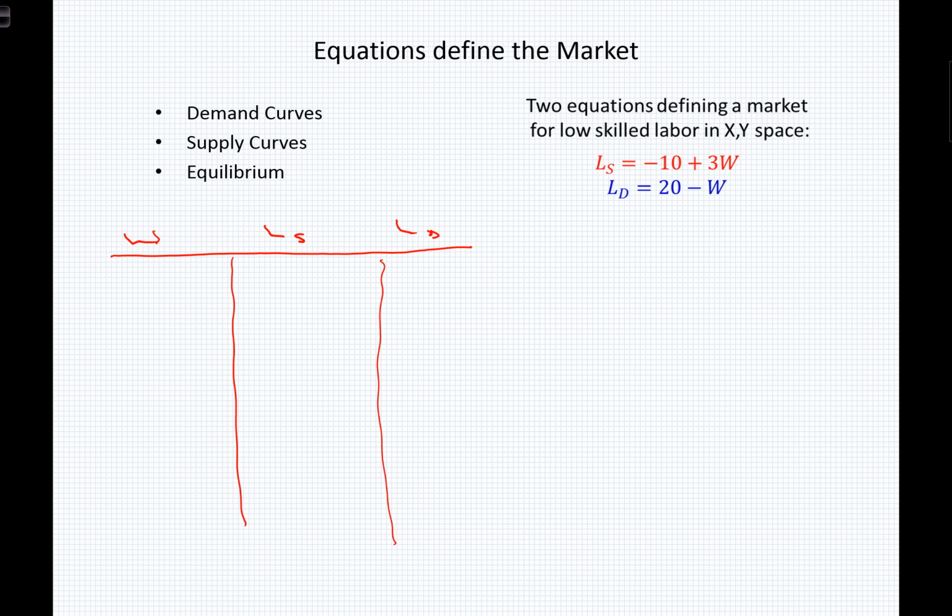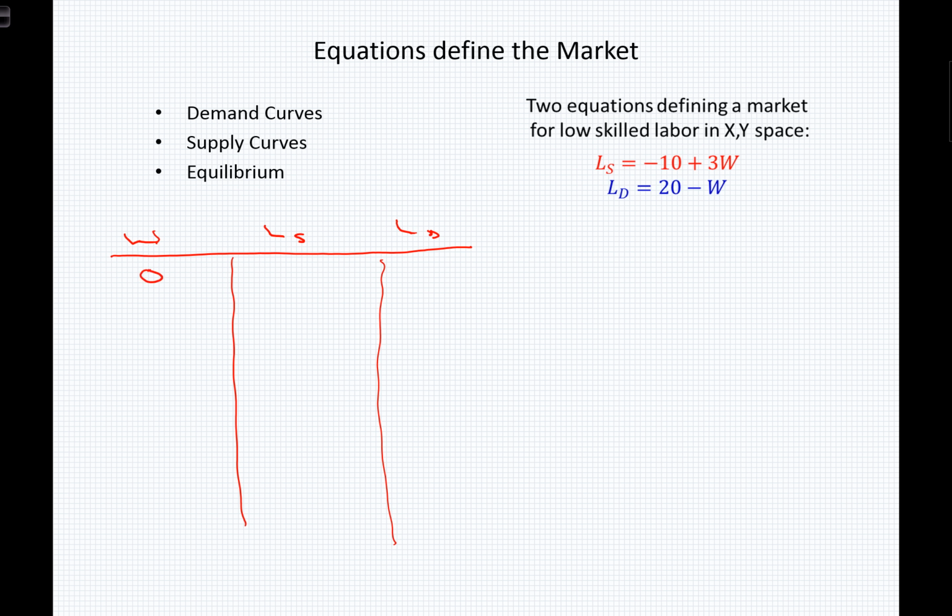In order to do this, we're going to start with some given W's. You could do this either direction. You could start with a given demand or supply, and then find the W, or you could start with given W's. And more often than not, we're going to think about this in terms of being given some wage. So I'm just going to go ahead and give us a number of different levels of wage, so we can then identify the labor supply or labor demand at that wage.